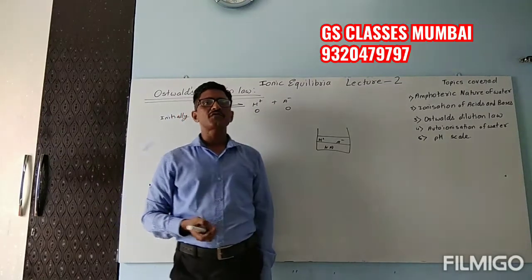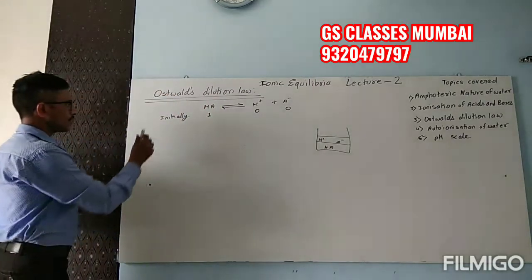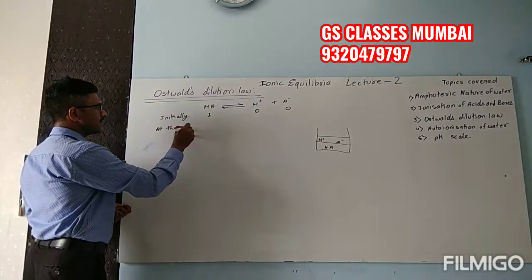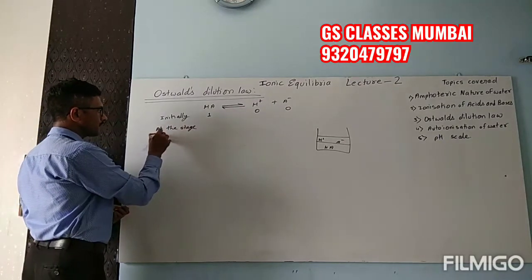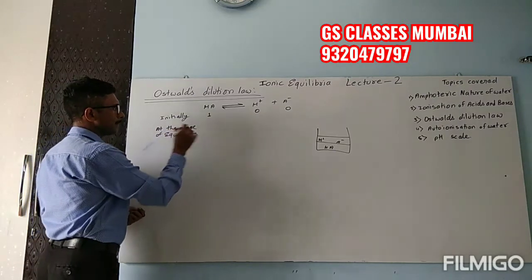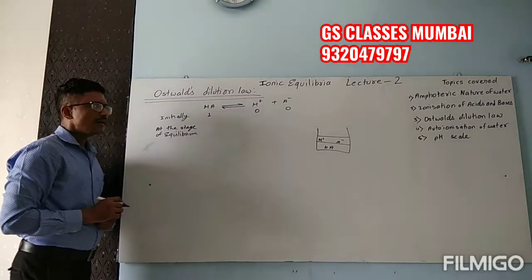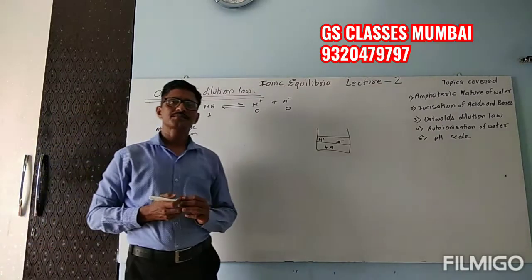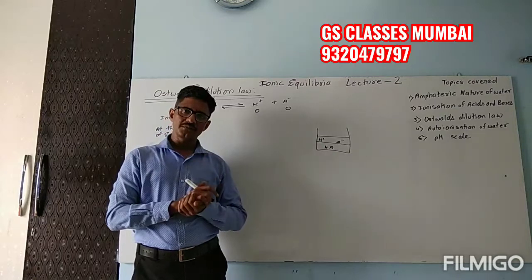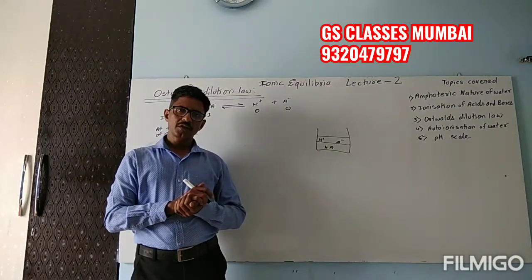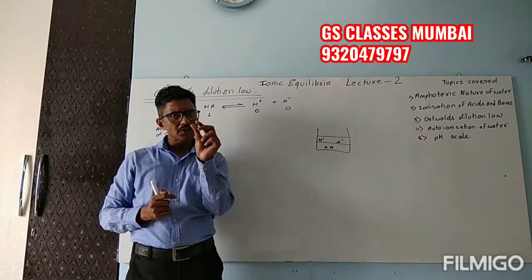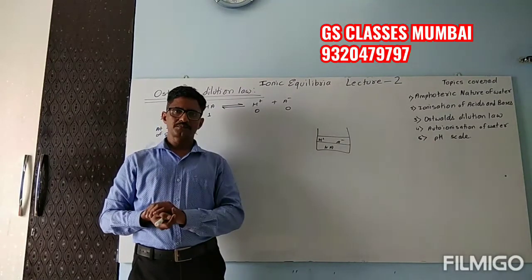At this stage of equilibrium, now we write, suppose alpha is the degree of dissociation, at this temperature, this much part will dissociate.